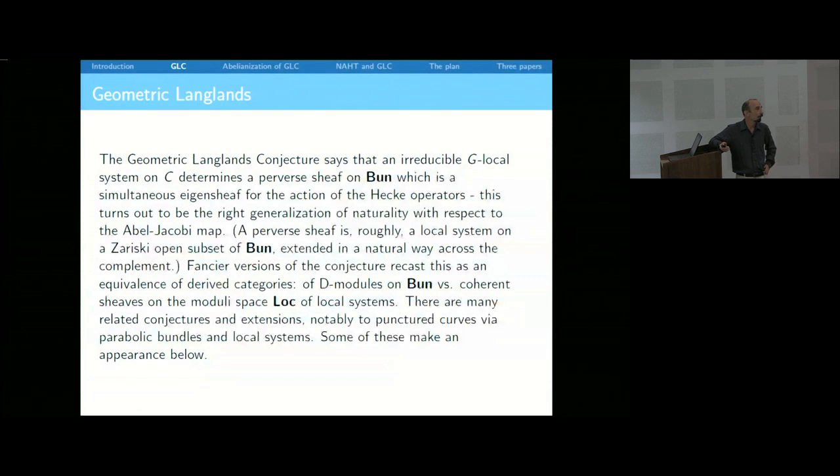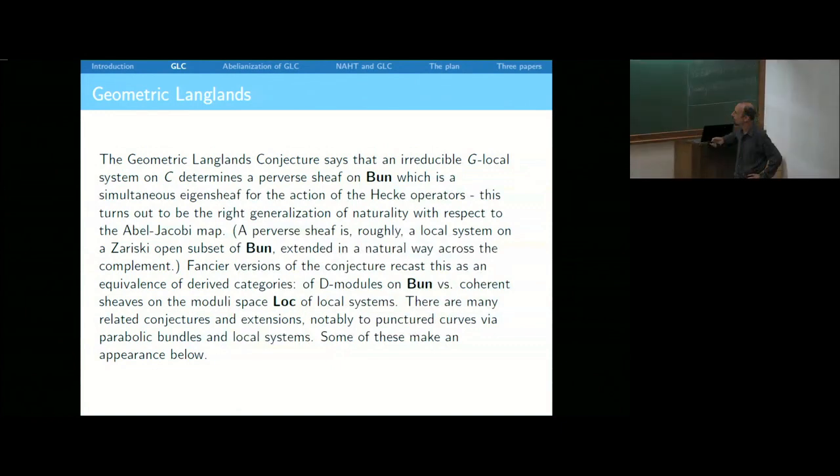Perverse sheaf, we will just think of it as a local system on a Zariski open subset, which is a simultaneous eigensheaf for the action of these Hecke operators. And this turns out to be the right generalization of the naturality with respect to Abel-Jacobi. And a perverse sheaf is the unique middle perversity extension of a local system from a Zariski open subset. There are fancier versions of the conjecture which try to recast this as an equivalence of derived categories of D-modules. So two derived categories. One is D-modules on Bun, and the other is coherent sheaves on Loc.